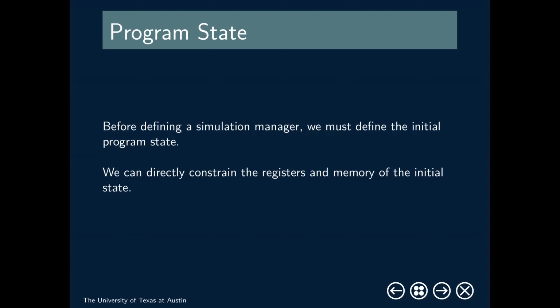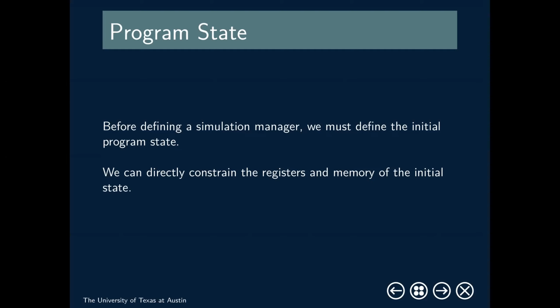Before we can do anything with the simulation manager, it takes as a constructor argument a program state. This is essentially the initial program state that the simulation manager is going to start analysis with.